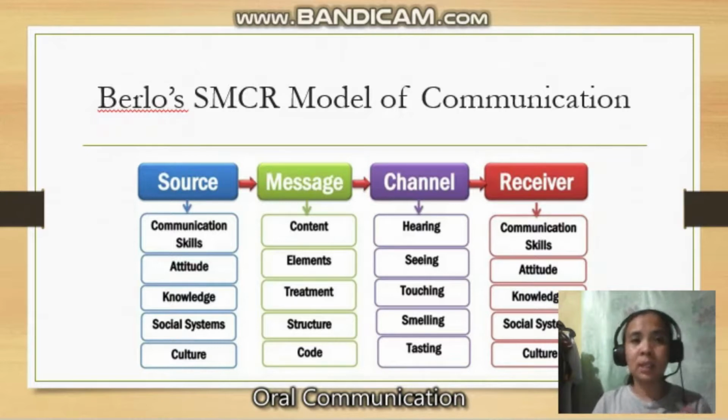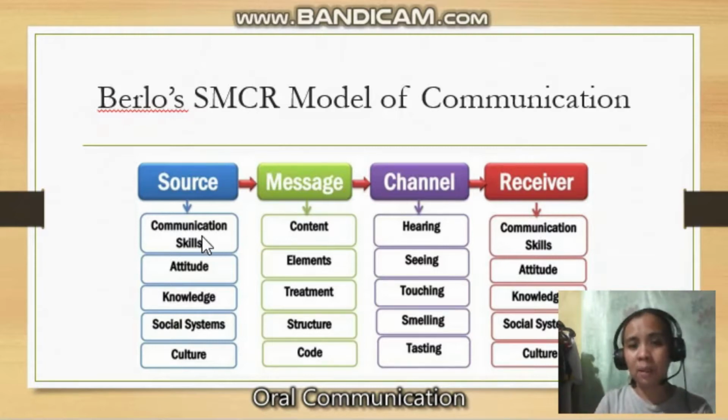And again, the receiver is the person who gets the message sent in the process, right? So this model, the SMCR model, believes that the thinking pattern and all the other factors mentioned here, particularly for the receiver, must be in sync to that of the sender for the communication to be effective.